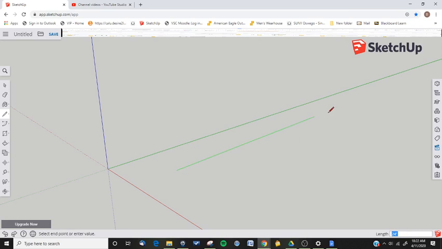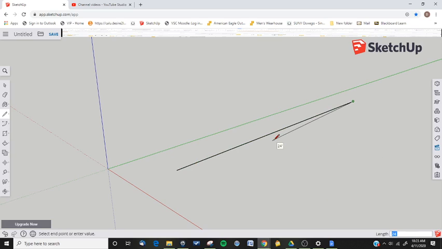You can see that I can create a line that is green, and the reason for that is it is parallel to the green or y-axis. Same thing over here, parallel to the red or x-axis, and then parallel to the blue or z-axis. I can just freehand that, and if you look down in the lower right-hand corner, this is telling me how long the line I am currently drawing is.